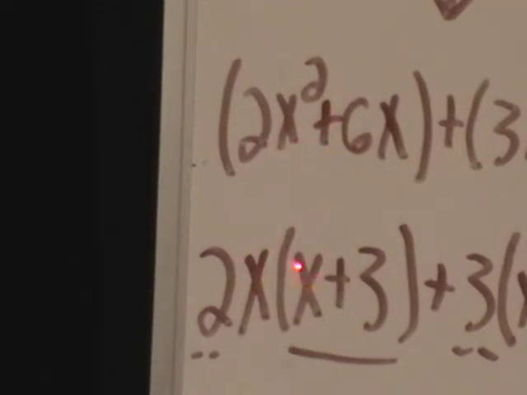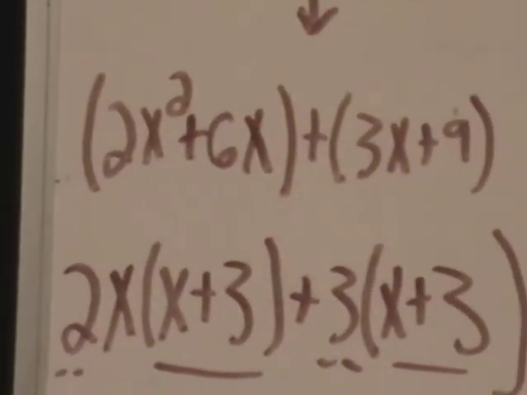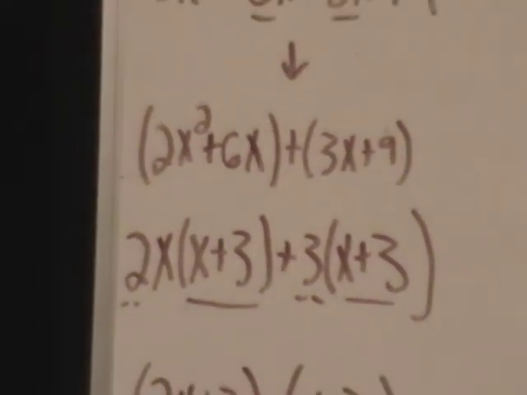Remember, we put parentheses, and right here is where we put our leftovers. So when we take a 2x out of 2x squared, we're left with just x. When we take a 2x out of 6x, we're left with 3. Now, if we look at the other half of the problem, we're going to do the same thing.